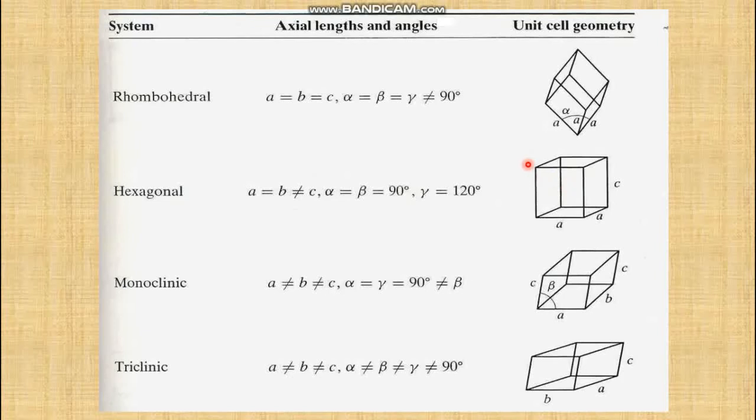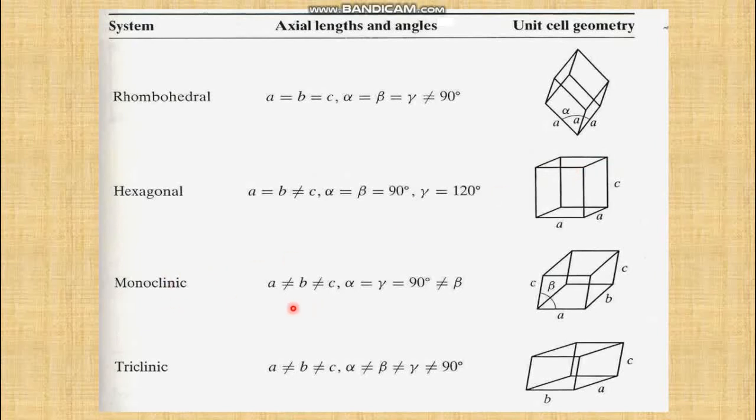In the lateral parts you will definitely get rectangles, but in the base surfaces, that is the C face centers, you will get hexagons. Just try to combine them imaginarily, and you will find that you are getting a hexagon.